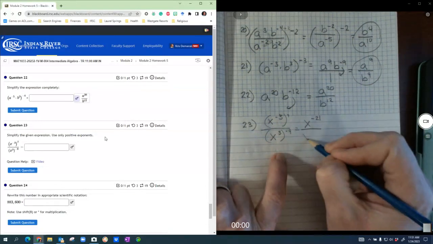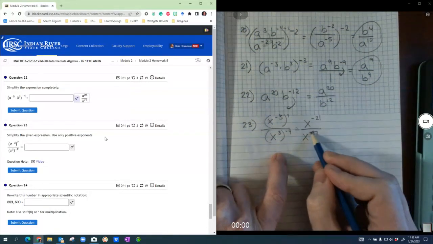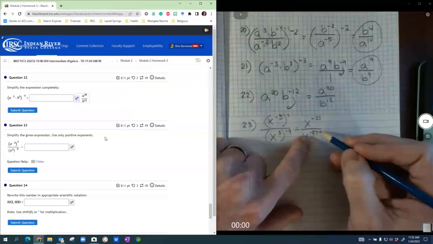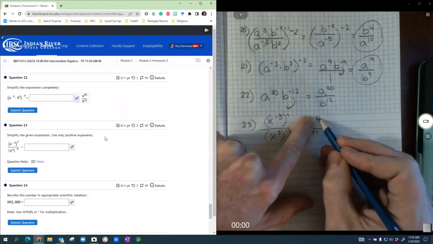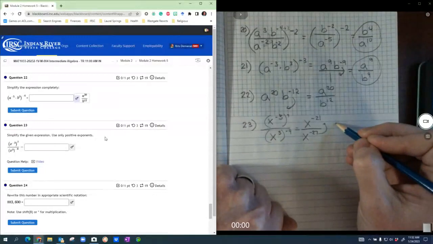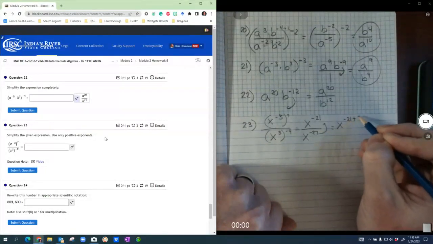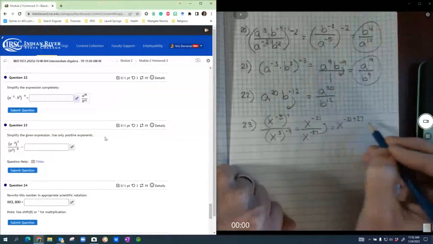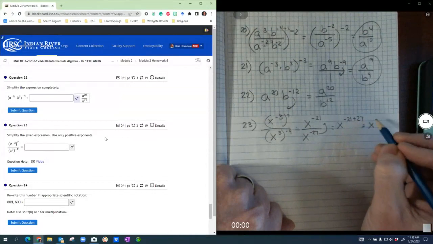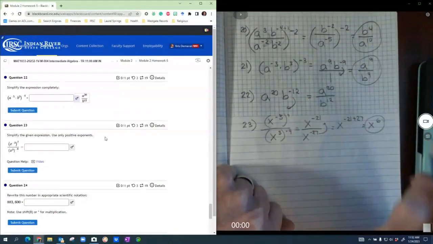And then I'm going to get negative 27. Now, that's negative. Now, which one's greater? Obviously, the absolute value of 27 is greater than the absolute value of 21. If I bring this up, it becomes its opposite. So it's going to become negative 21 plus 27. And since they're opposite signs, I subtract. So subtracting 21 from 27, I get 6. So that's going to be positive. There's my answer.